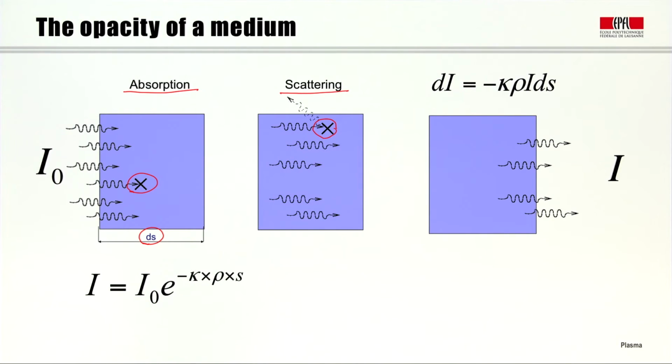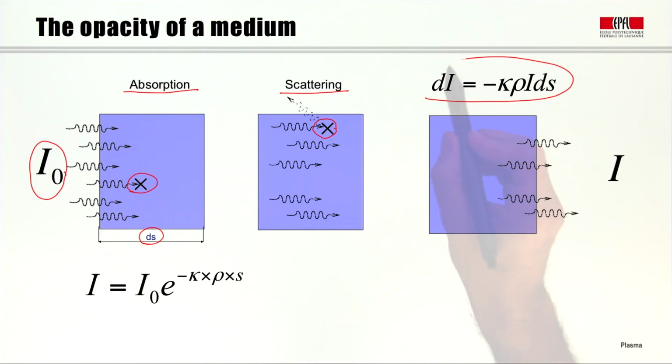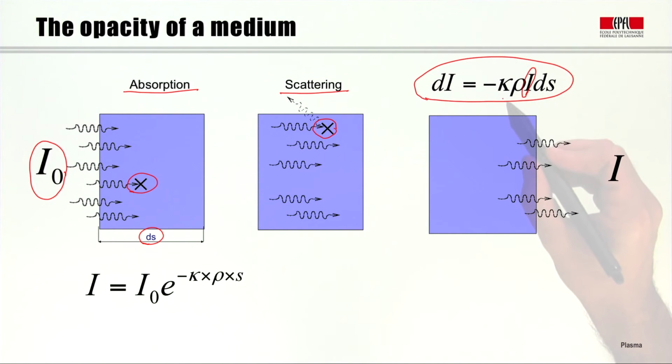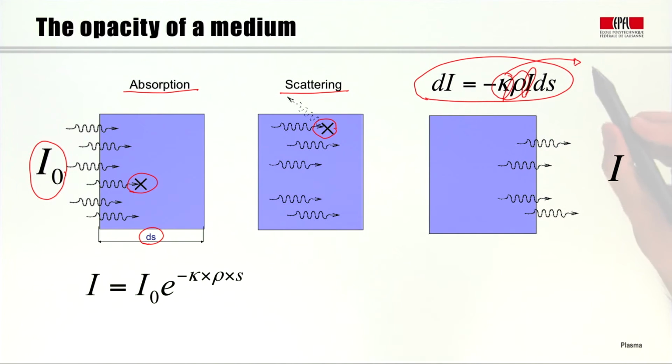The end result of this ensemble of processes is that the original intensity of the photon beam will be decreased by a certain fraction depending on the opacity of the medium. This fraction can be expressed as a function of the original intensity of the photon beam, of the local density ρ of the medium, and the opacity k of the medium, which in SI units is measured in square meters per kilogram.